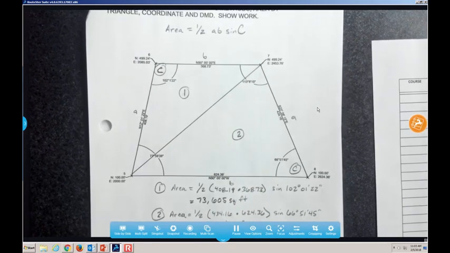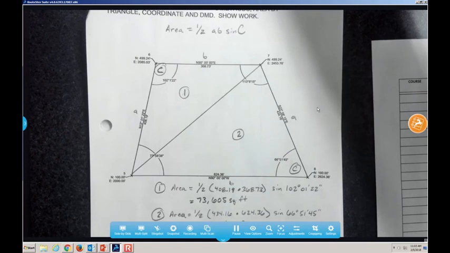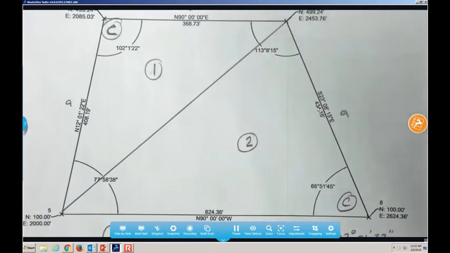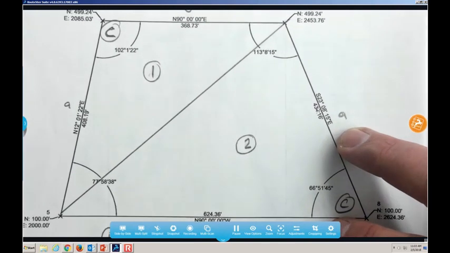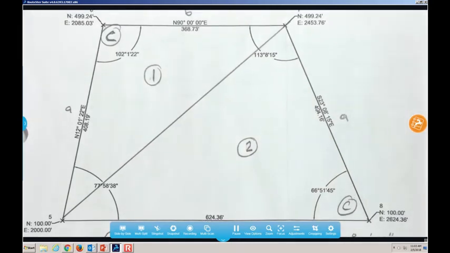So let's do this real quick. I'll zoom in so you guys can get the information off of this. The bearings and distances, or not bearings and distances, the coordinates. So it's a four-sided figure and it has the coordinates as such. Label them with the numbers. You can't really see the numbers there.